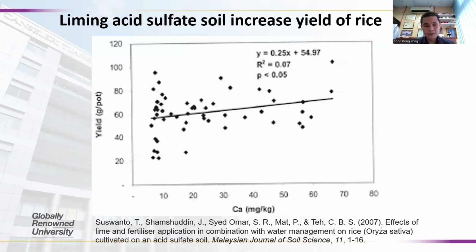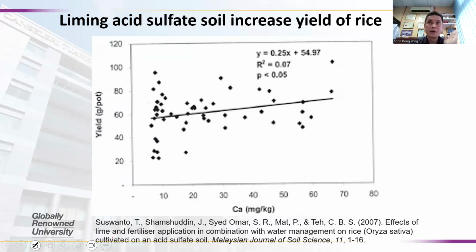So this is a result. I think this one is a separate research, also from Prof. Shamsuddin's team. This one is from the earlier paper, in which they use limestone and mix fertilizer together. So they mix fertilizer and lime to look at the growth yield of rice from a paddy field, also from acid sulfate soil.